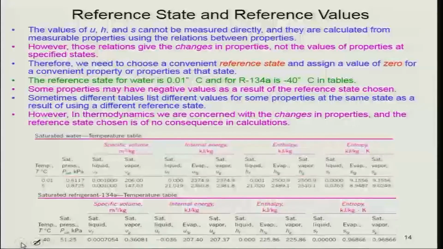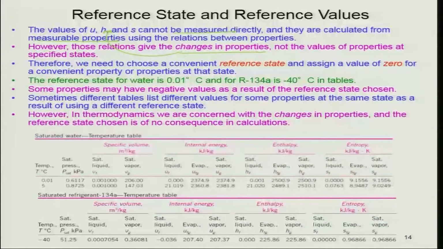They depend on these other properties which are measurable. There are very sound thermodynamic relations which tell us how to calculate the changes in such properties in terms of measurable properties. So changes in the properties which cannot be measured can be calculated using other measurable properties.